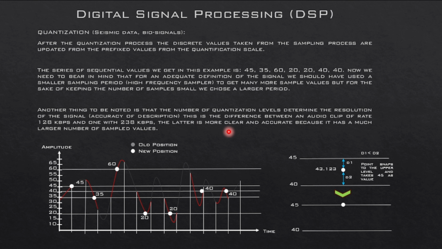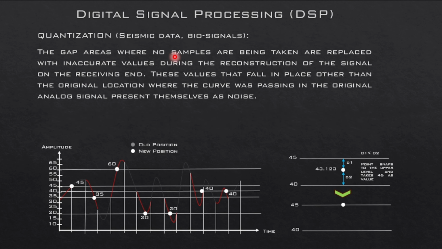The latter is more clear and accurate and closer to the original source of the sound, because it has a much larger number of sampled values. The gap areas where no samples are being taken are replaced with inaccurate values. Okay, why? Because they are being approximated.